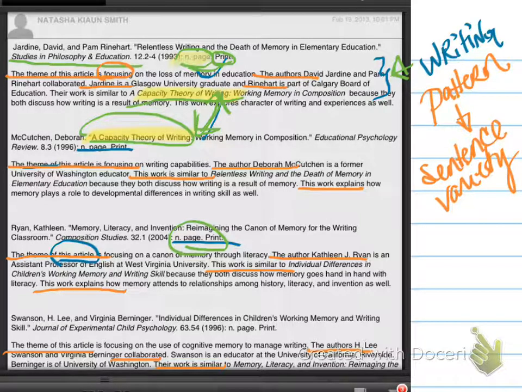And then also, you don't have to say people collaborated. You can just say the authors or the collaborators. Do you even need to say this? I think you can get rid of this. You could just say the authors. You could just say Jardin is a Glasgow graduate and Reinhardt is a da-da-da, and their work is similar to blah, blah, blah.